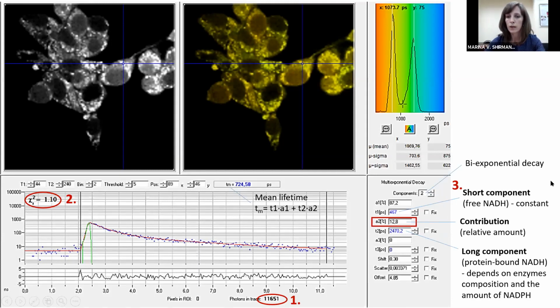And we also assess contributions, the relative amounts of free and protein-bound NADH. From our experience, the relative contributions A1 and A2 are the most informative for FLIM of NADH for detection of metabolic activity during different interventions.